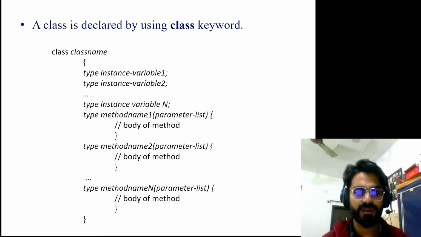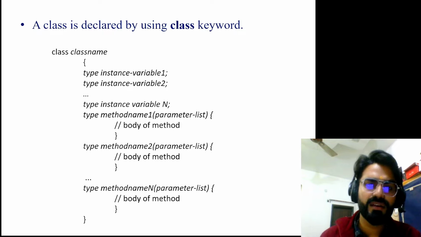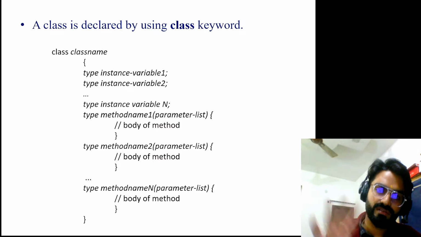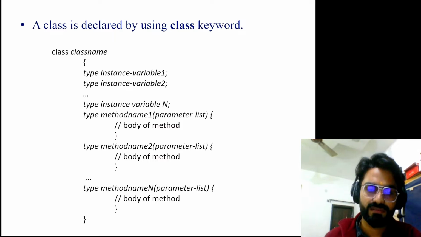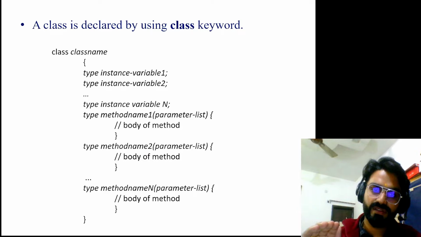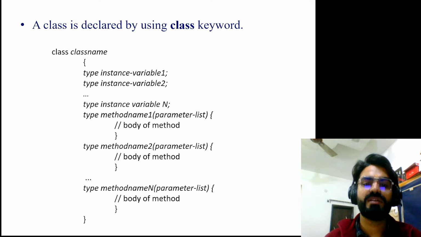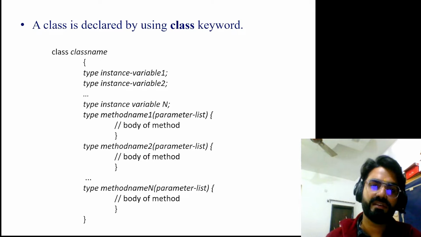And in that, you need curly braces, which hold the complete block of the class, defining the start and the end of the class. Then in that you can have multiple variables, objects and methods.